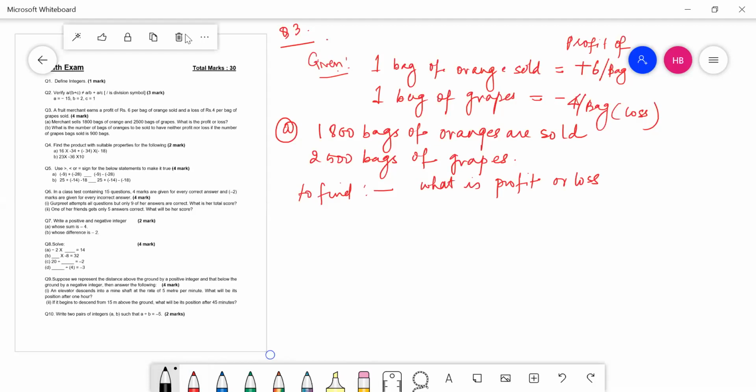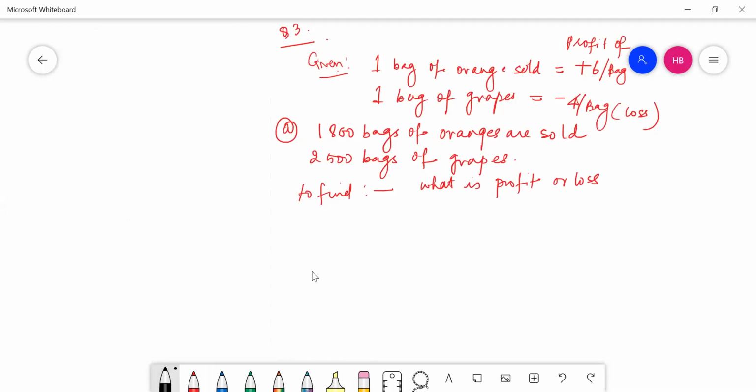Let me just delete this part so that I get a lot of space to cover. So let's find the solution. Let's write the solution. I know that if I sell one bag of orange, I'm getting a profit of rupees 6.